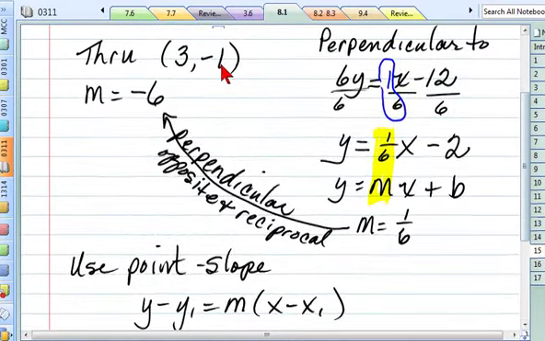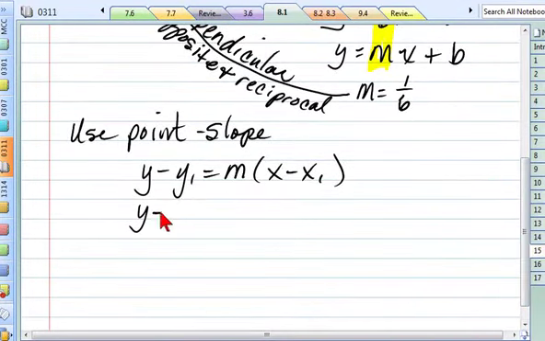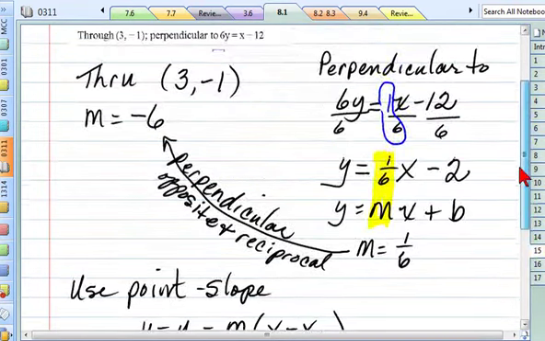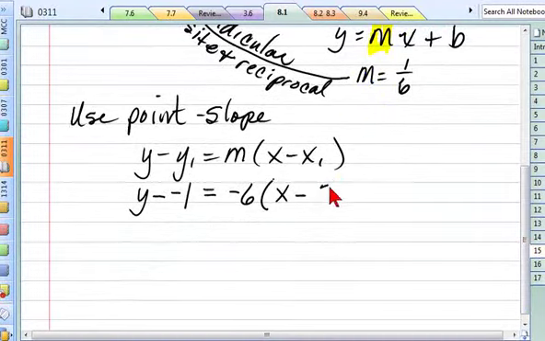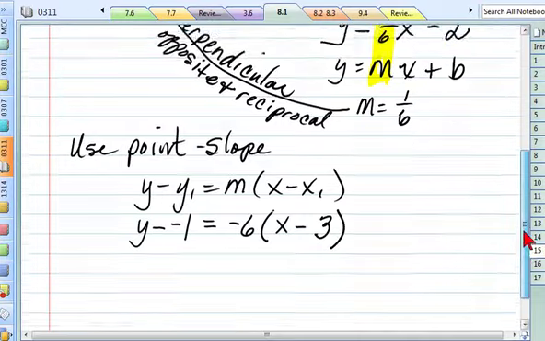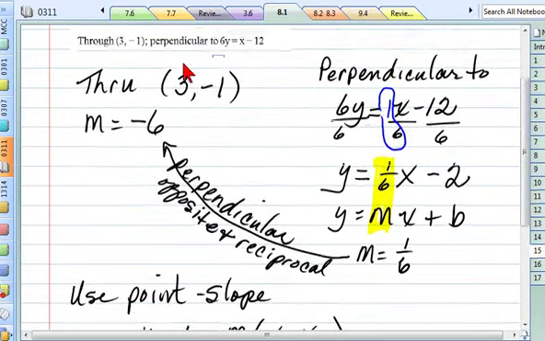All right, do y'all agree the y value is -1? So I'm going to have y minus a -1 is equal to, the slope was -6 times x minus 3. Okay, so the information, this is my x1, y1, this is my slope.